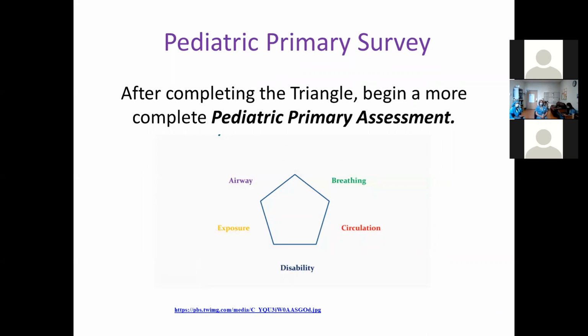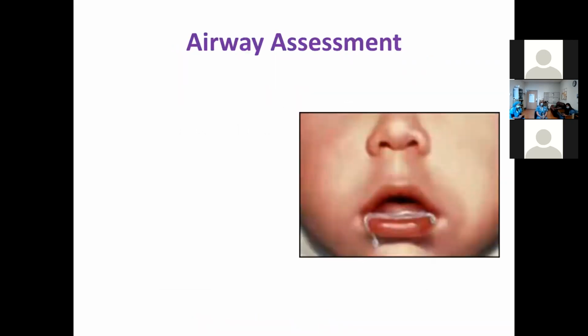After we did the pediatric assessment triangle, we moved down to the primary survey or primary assessment, which consists of airway, breathing, circulation, disability, and exposure, or A, B, C, D, E. This is a systematic approach that prompts you to work through it in a systematic way so that you're not going to miss any conditions, and you're not going to jump to a conclusion on a condition prematurely.